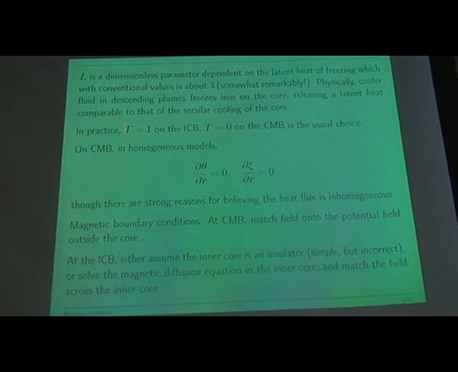I should say, I said that everybody does that. That's not quite true. There have been some recent papers where these kinds of boundary conditions are starting to be used in dynamo models, and it does make a bit of a difference. Not huge differences, but a noticeable difference to the kinds of solutions that you get out. So I think that's one of the directions we're going to be going in.